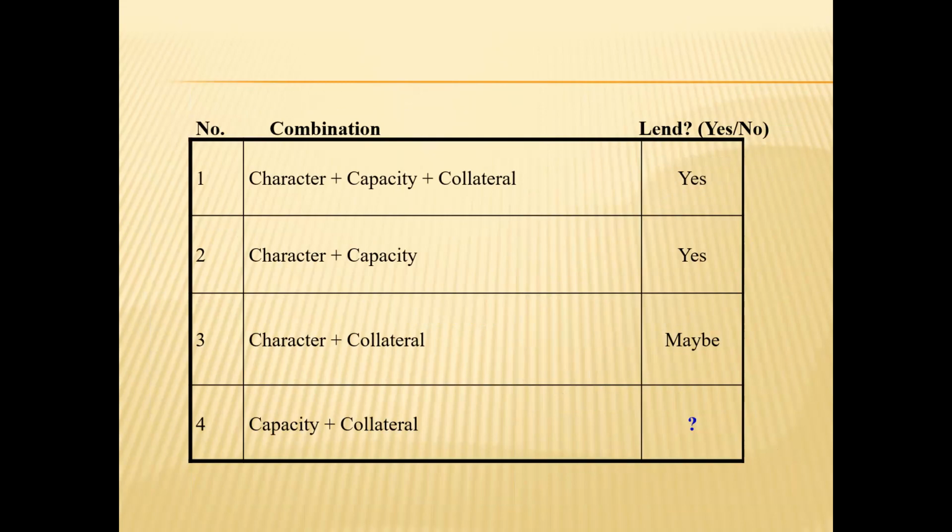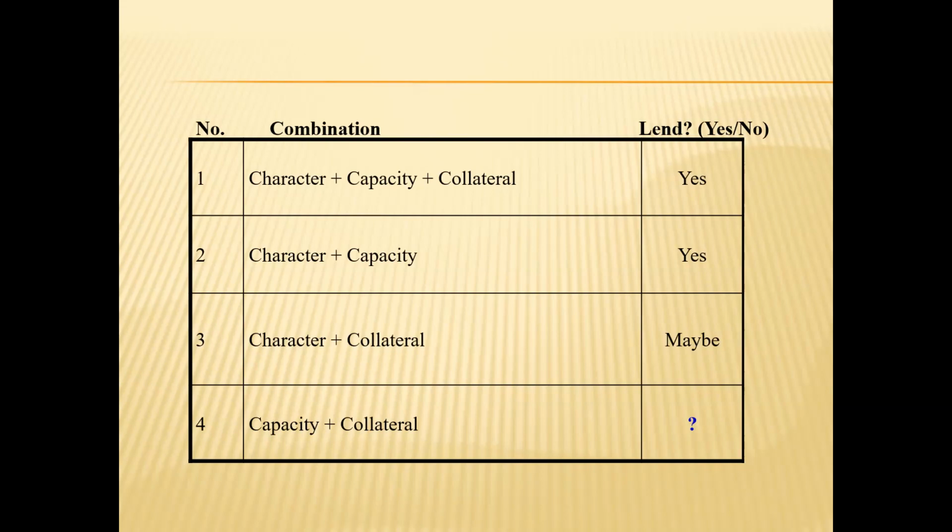If a person has good character, good capacity, good collateral, we say yes, we lend them the money. If they have good character, good capacity, but no collateral, we say yes. Character plus collateral, we say maybe, sometimes no. Four, they have good capacity, good collateral, but no character.